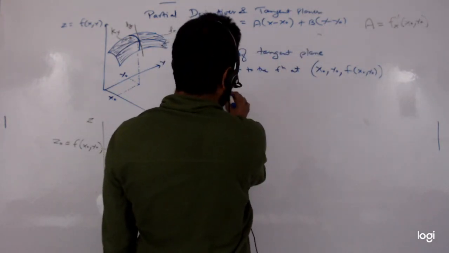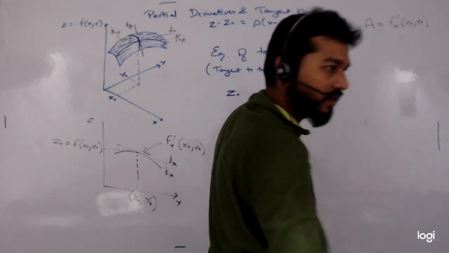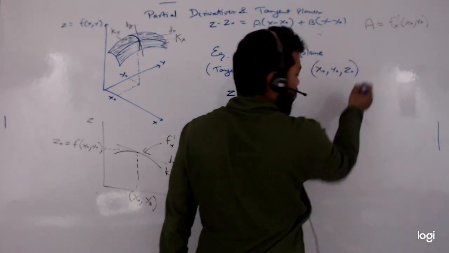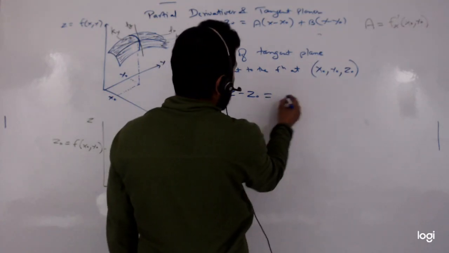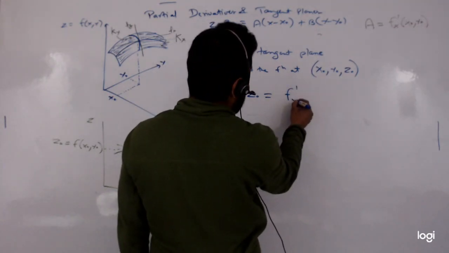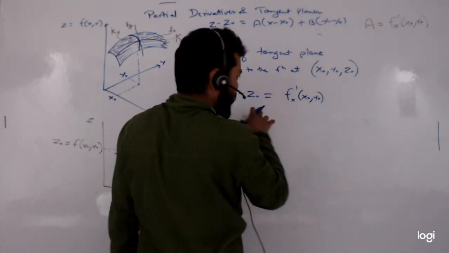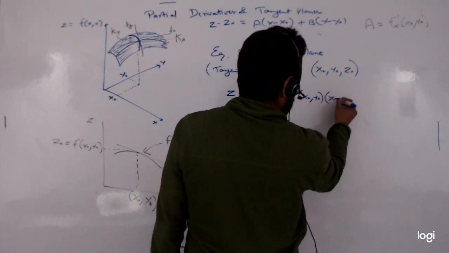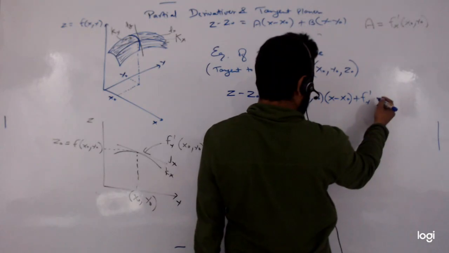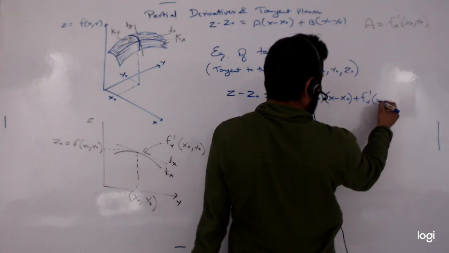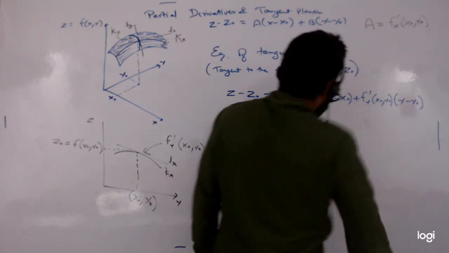Since we're giving this in terms of z naught, we should just use z naught here. z minus z naught is equal to the partial derivative of f with respect to x evaluated at the same very point at which the plane is tangent, times x minus x naught, plus the partial derivative of the function with respect to y evaluated at the very same point, times y minus y naught.